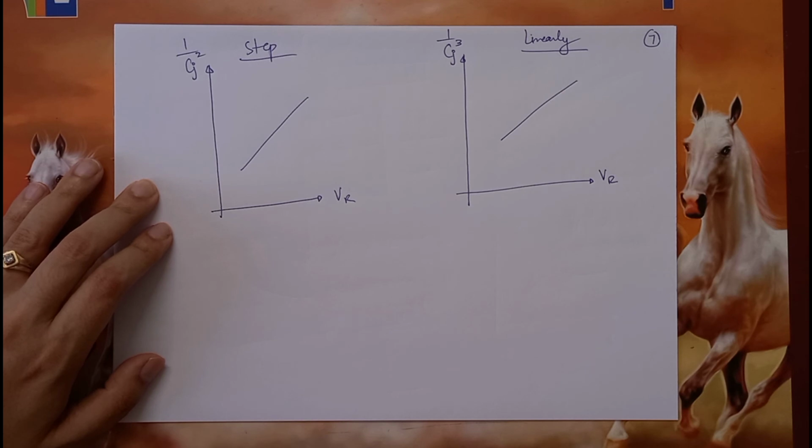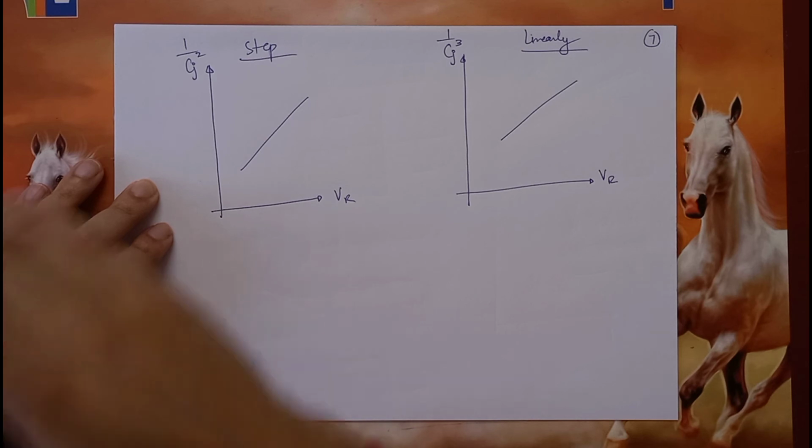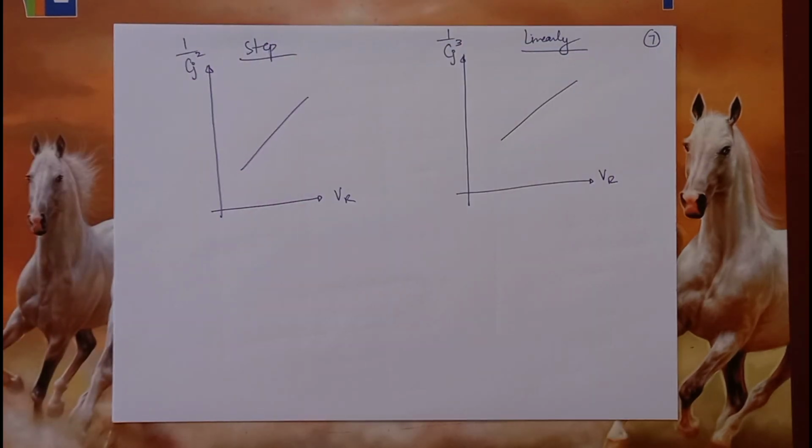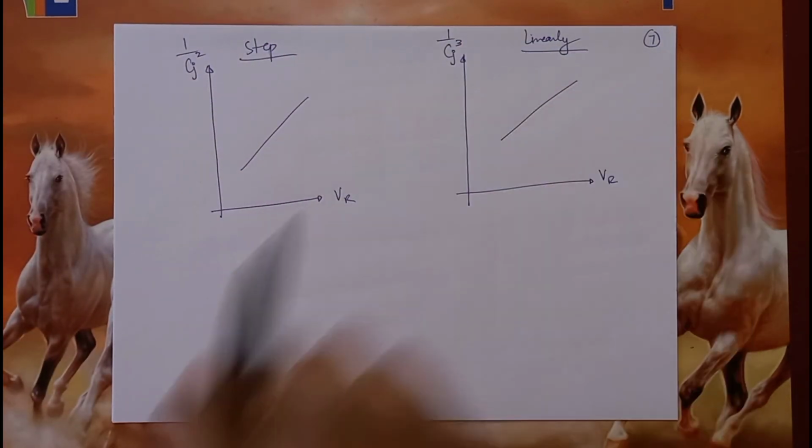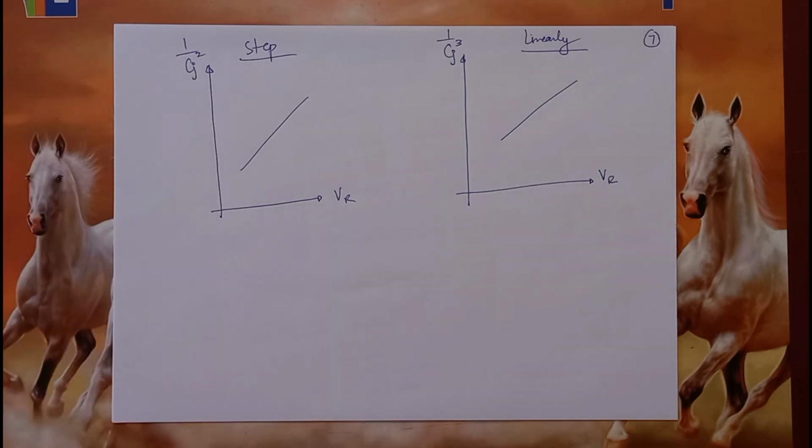Now in both cases, you will see that the variation in the capacitance is a little bit more with respect to the same Vr in one case than the other. I leave that to you as an exercise.